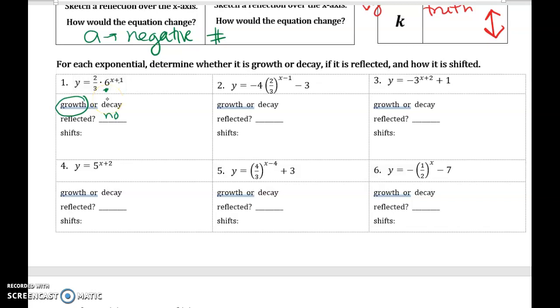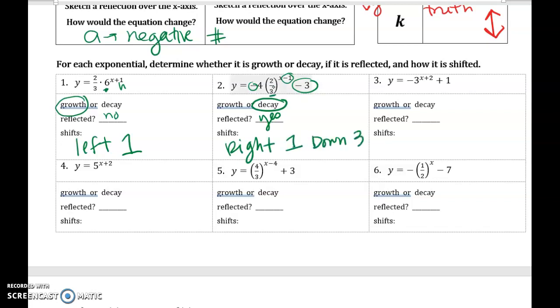And your shift, there's your h. h is positive 1, h lies, so we're shifting left 1. Number 2, the 2/3 right here tells me this is a decay. Is it reflected? Yes. Its shifts: I have -1 and -3. h lies, so I'm going right 1 and down 3.